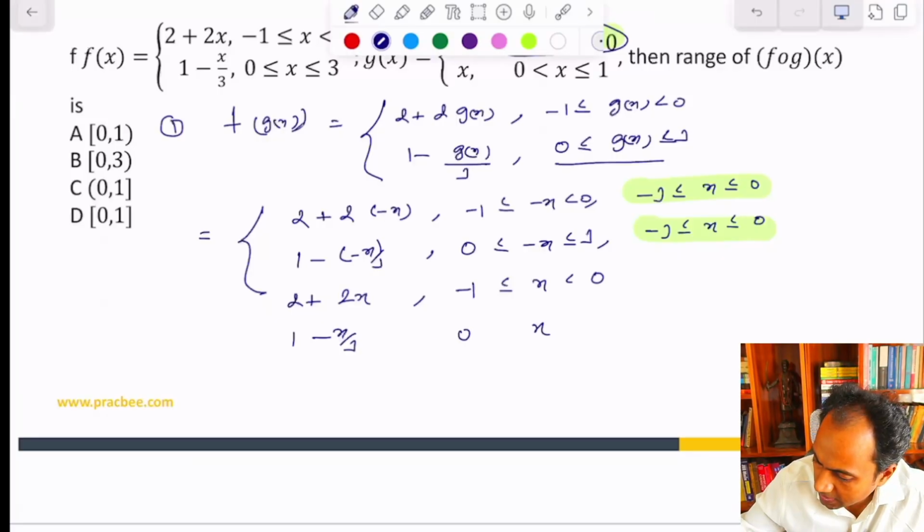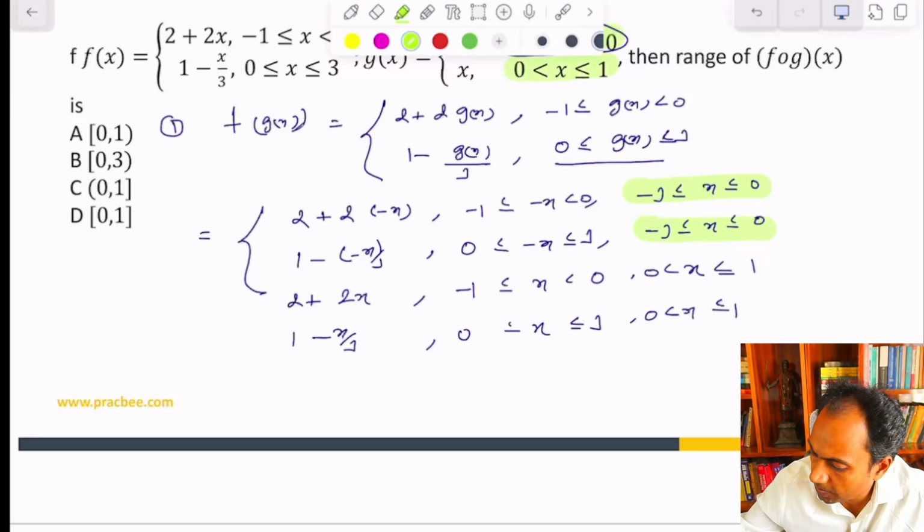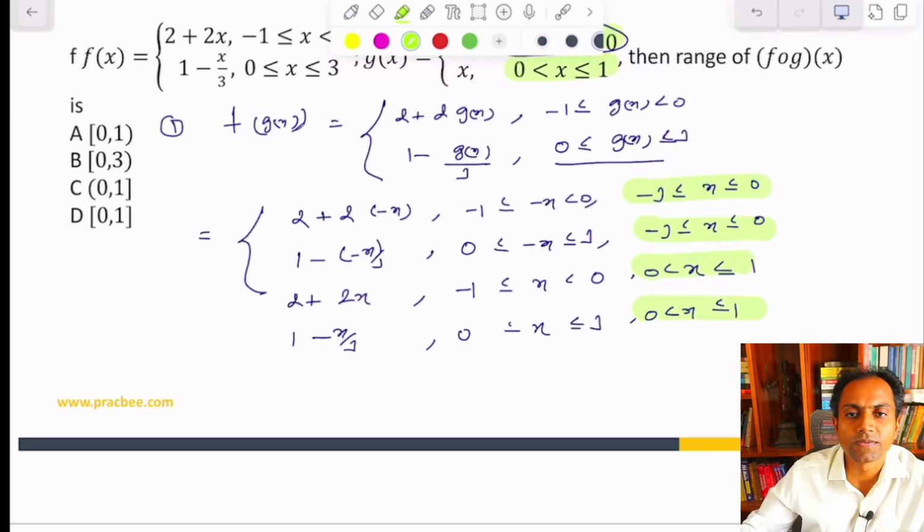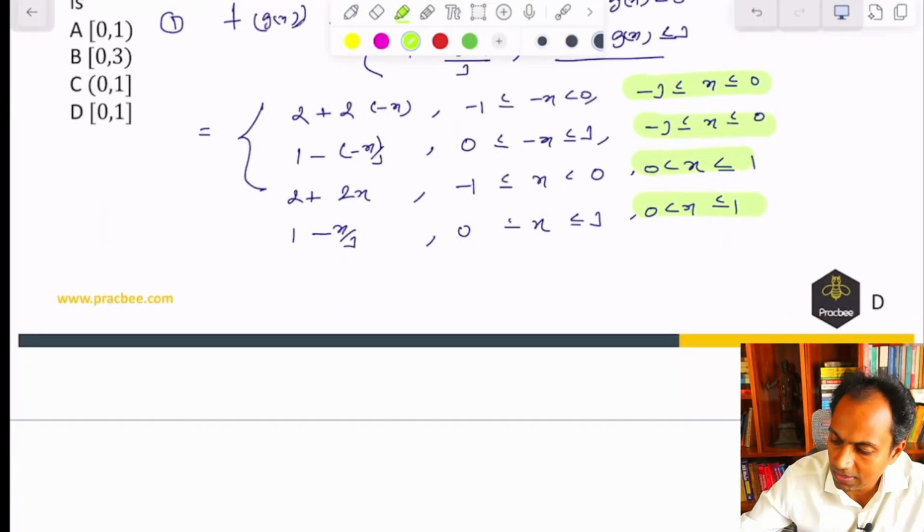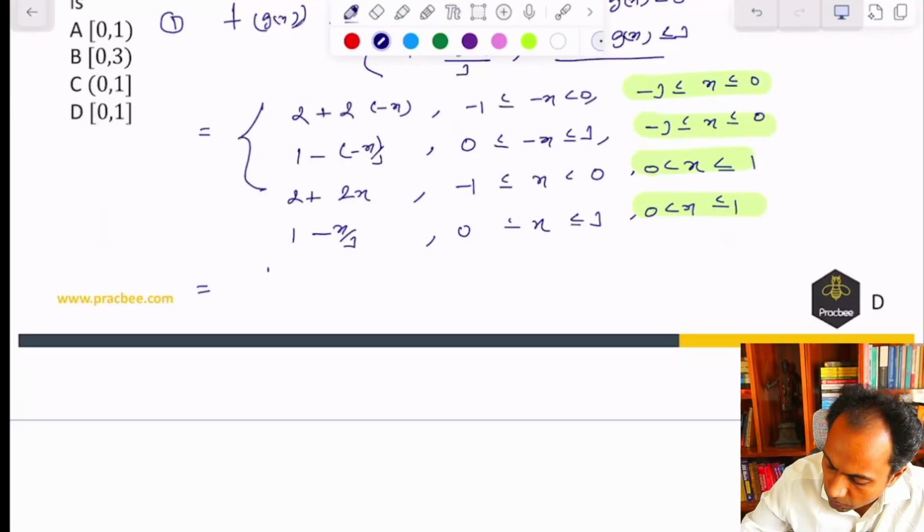And when x lies between 0 and 3. And correspondingly, you will also have to take the value when this happens, that is between 0 and 1. And again, as I told you earlier, these values are getting copied for me. Once you have written this down, now in order to get the answer, we will have to find the intersections.